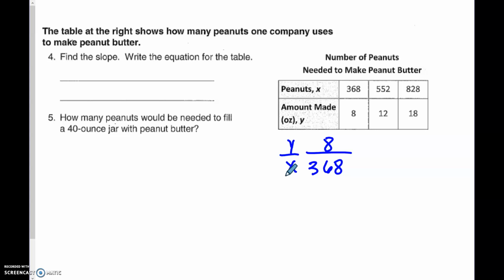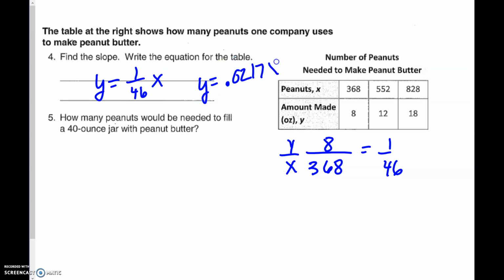So mine says 8, and then I have the ABC button, 368, and mine simplifies to 1 over 46. So this equation is going to be y equals 1 over 46x. Now, if you just grab your calculator and do that decimal, it's going to be a bigger decimal, but we would get something like y equals 0.0217x, and the decimal actually goes on.